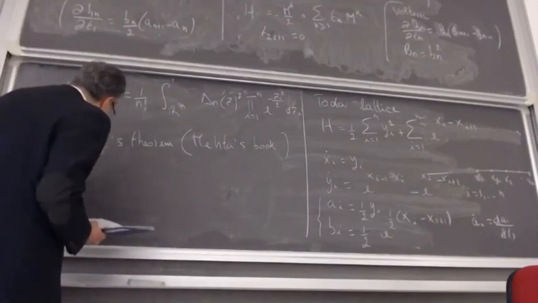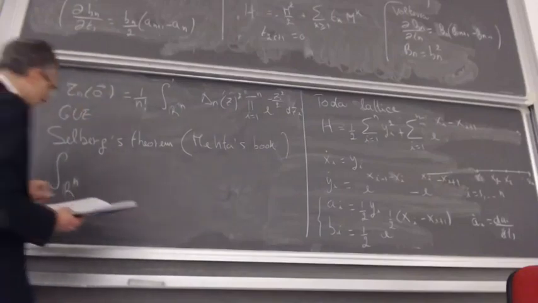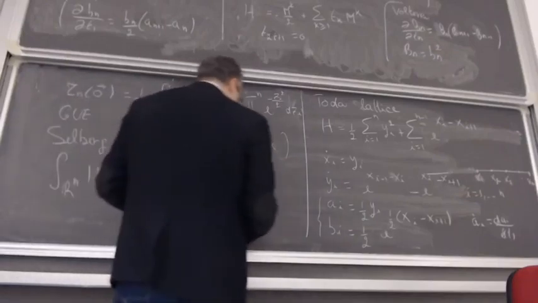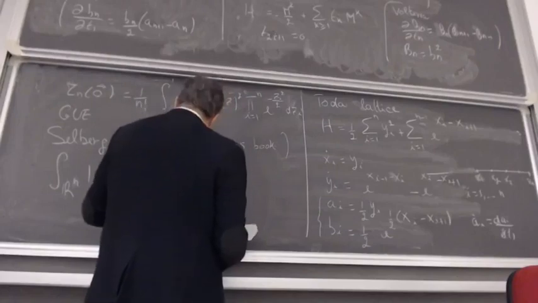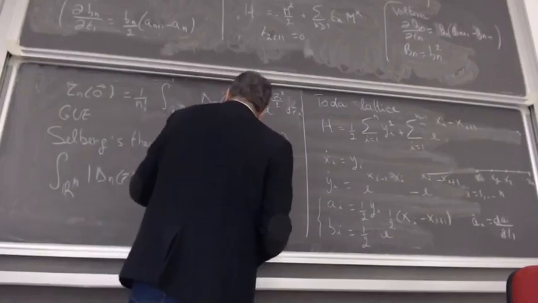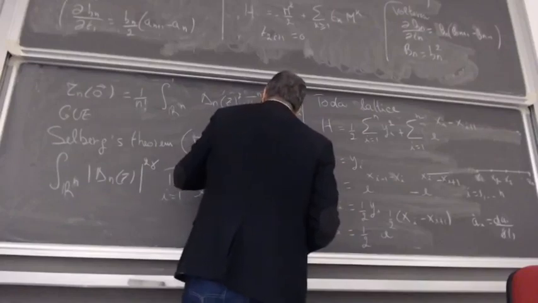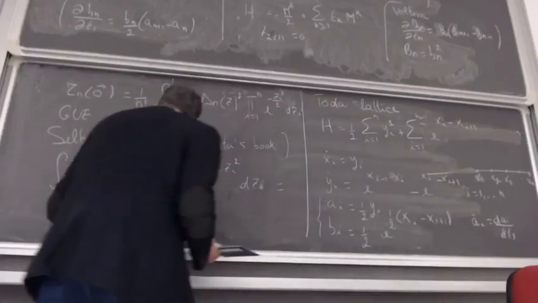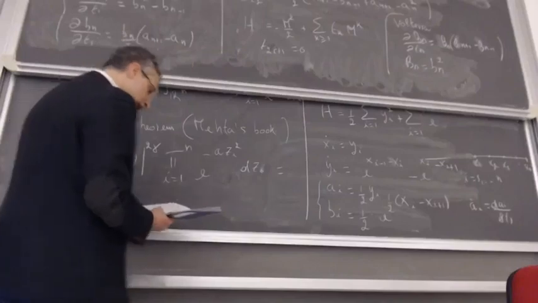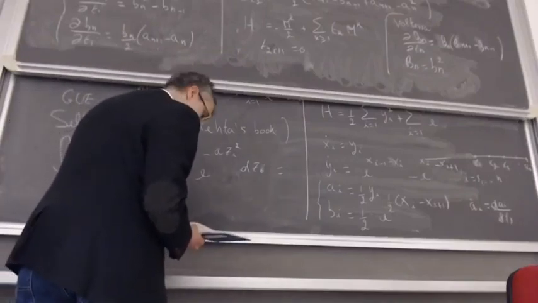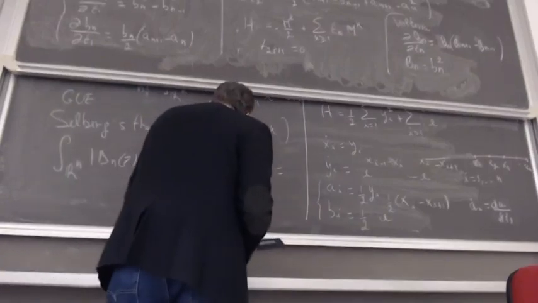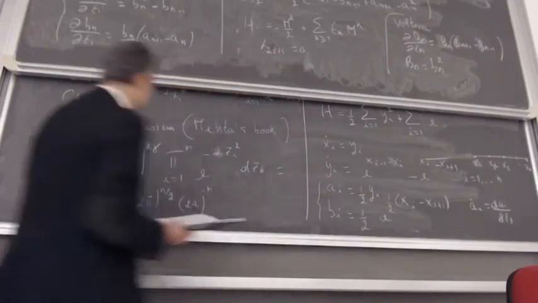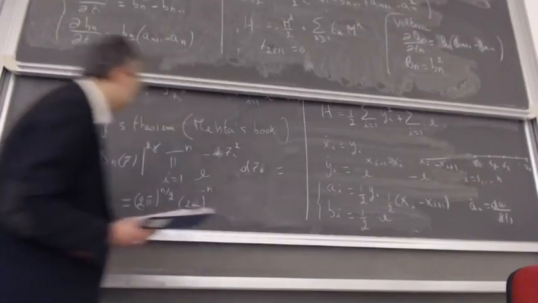In particular, what we're interested in is the integral over Rn of the Vandermonde determinant to the power 2 gamma in modulus, times the product for i running from 1 to n of the exponential of minus a zi squared, dzi. And this is 2 pi to the n over 2, and then you get 2a to the power minus n. Let me call this a alpha, just to avoid any confusion with our variables.